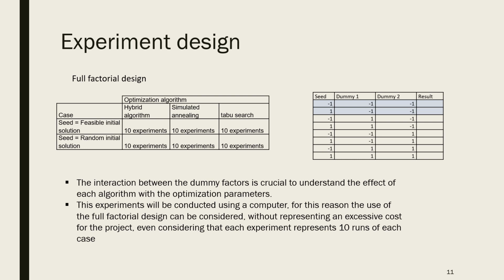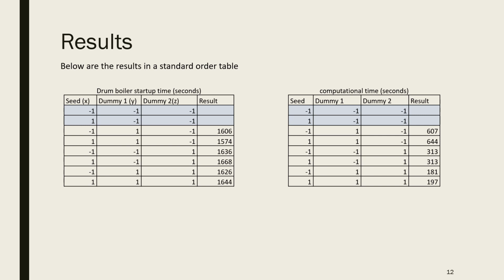For this reason, the use of the full factorial design can be considered without representing an excessive cost for the project, even considering that each experiment represents 10 runs of each case. The following tables show the results obtained from the means of the 10 experiments in each of the cases in a standard order.